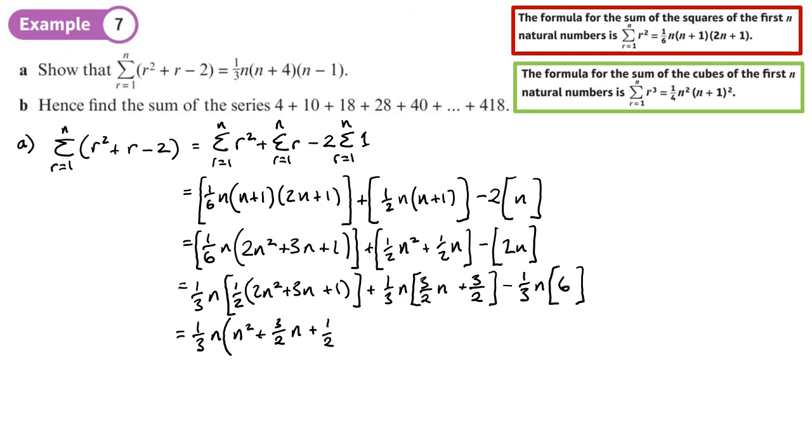From the second bracket, I would have 3/2 n plus 3/2. And then from the last bracket, I would have minus 6. So just check to see that you understand what I've done there. Yeah, so this basically comes from the first bracket here.